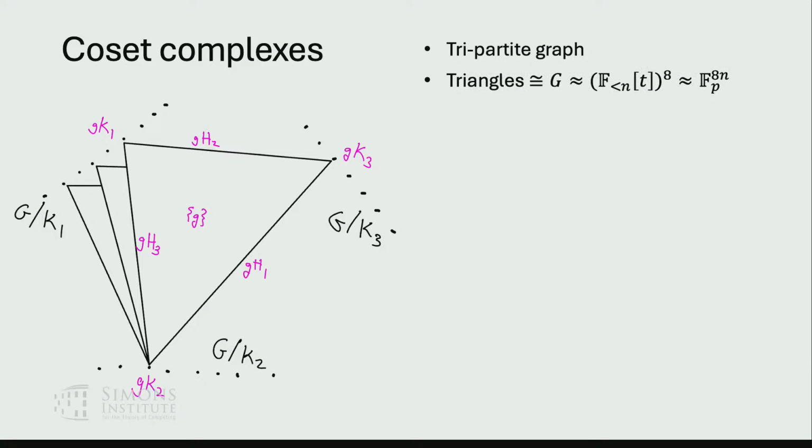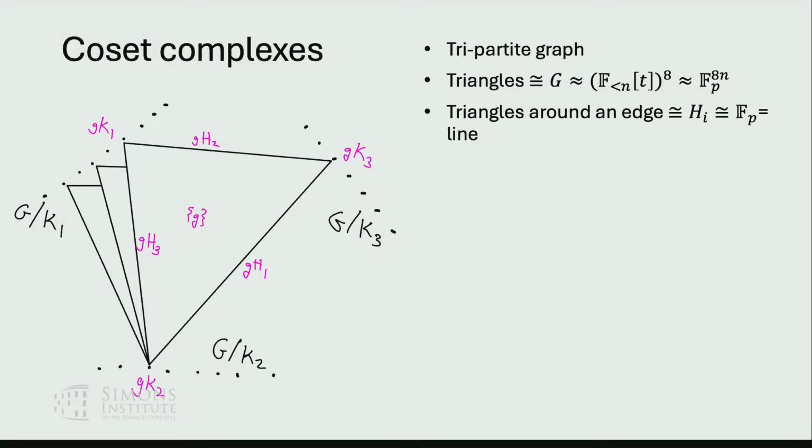So you get a tripartite graph. The triangles are exactly in one-to-one correspondence with the group, which, as we said, is embedded in F^9, but the fact that you want the determinant to be 1 means you lose one field element, so you get F^8. And it has some other very nice property, which is this.